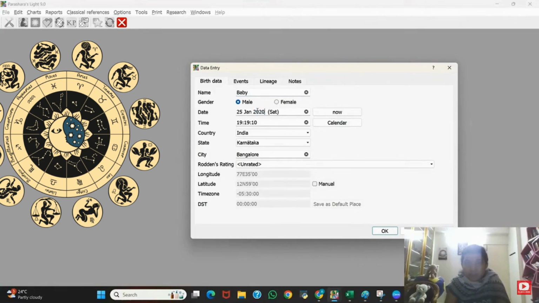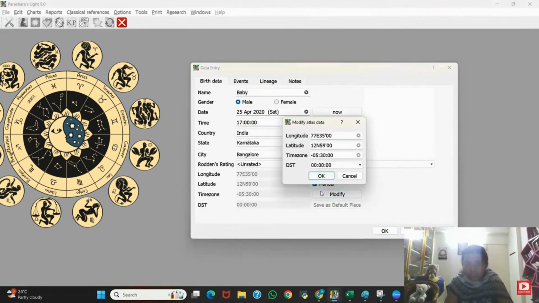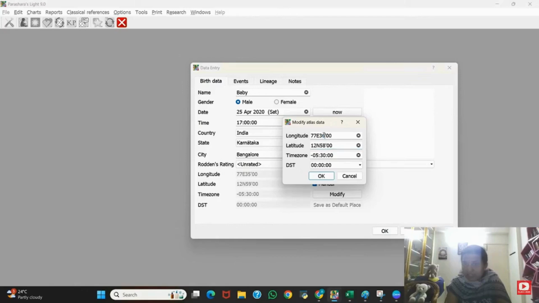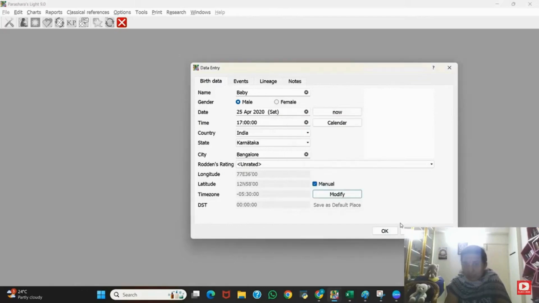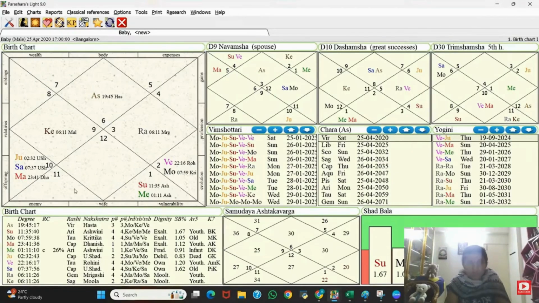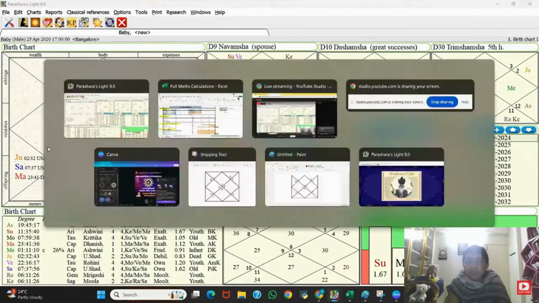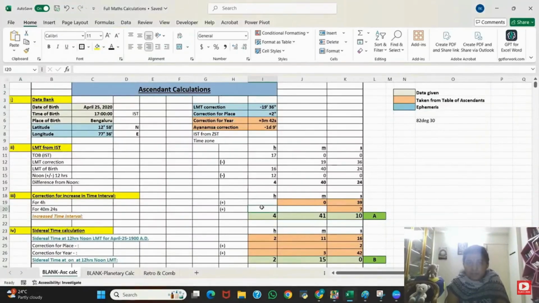So 2020, then April, then it is 25th April only. So then it is 17 hours, then 0 hours, 0 minutes and 0 seconds, and Bangalore. So I'll put it manual and modify the lat long, because it's a bit different. 12 degree 58 minutes north it is, and 77:36 it is. So I'll put OK, and then click on OK. So I get it. Yeah. So we had already found out it is Kanya Lagna.